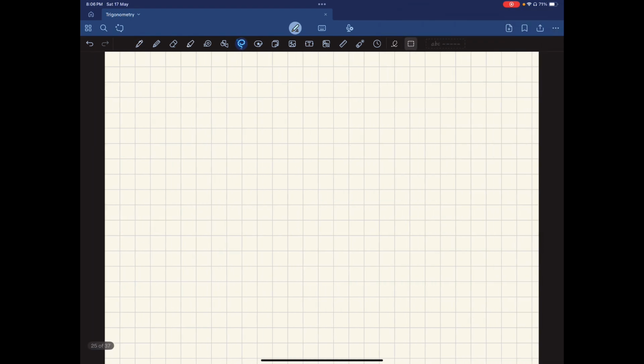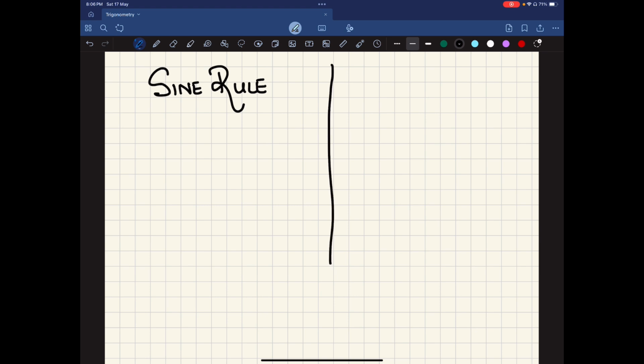Now the question comes, when are we to use the sine rule and when should we use the cosine or cos rule? Okay, so to apply the sine or cosine rule, the first requirement is that the triangle should be a non-right angle triangle.